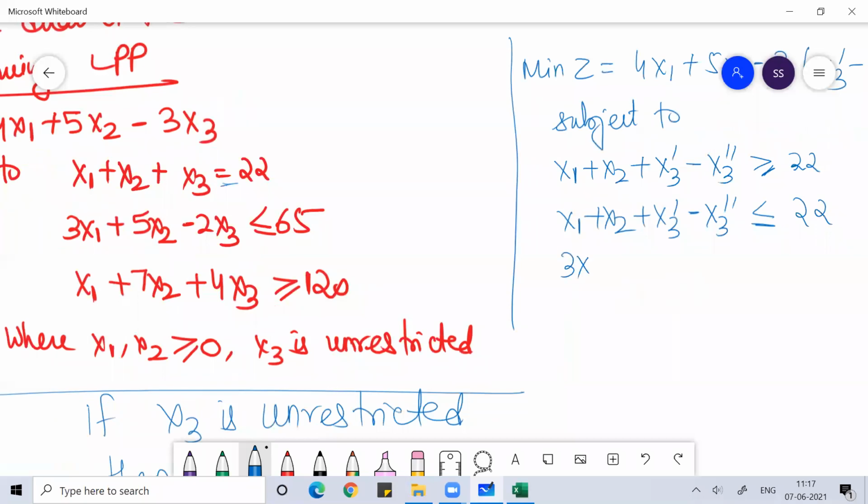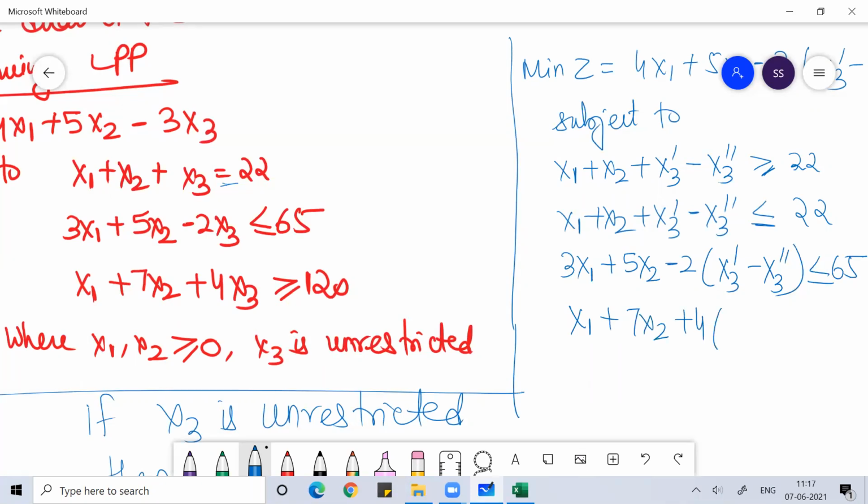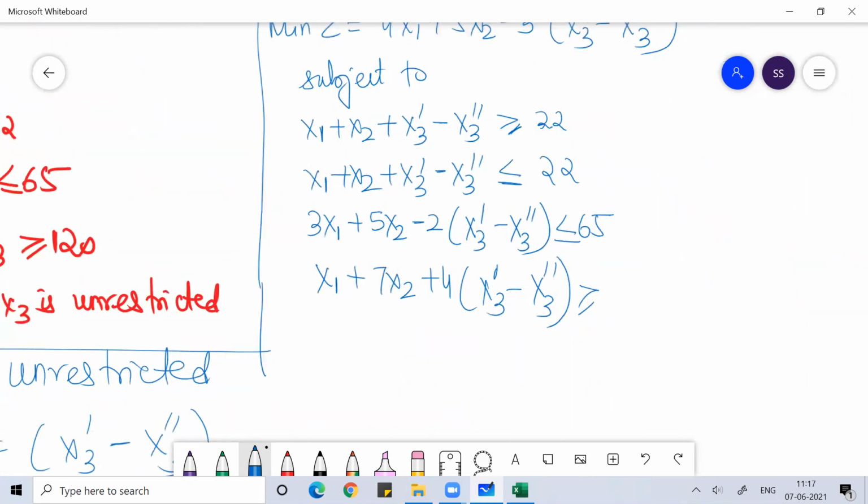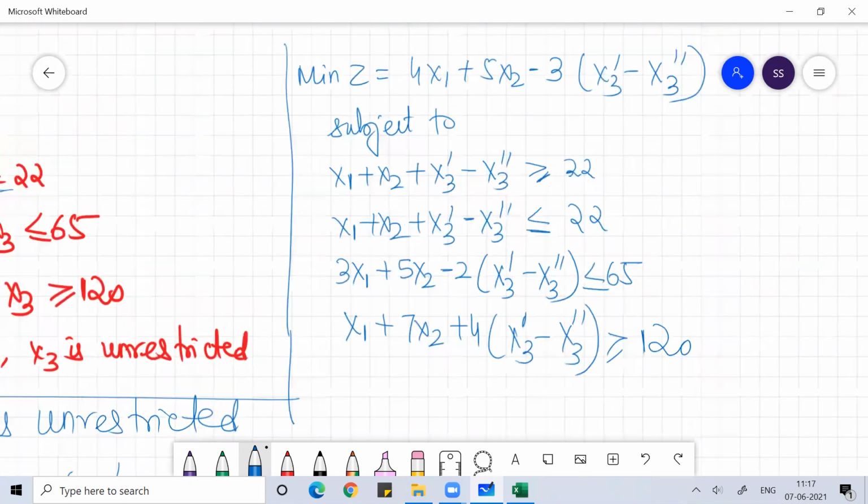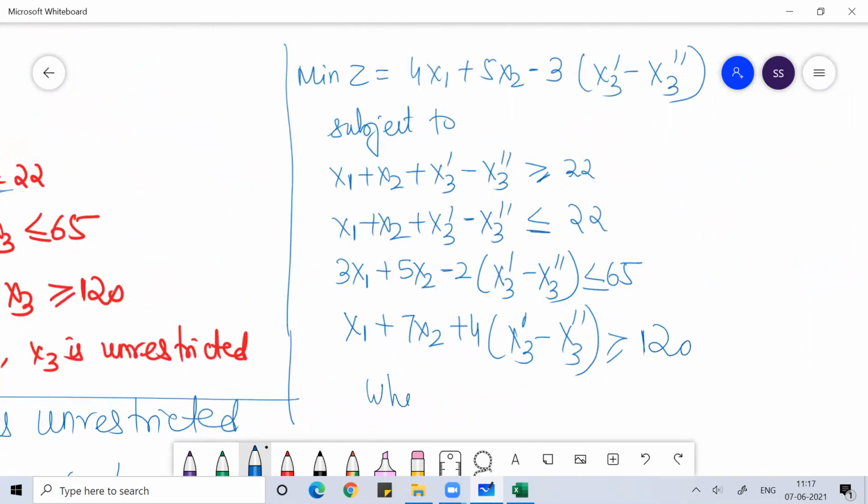Then next one is 3x1 plus 5x2 minus 2x3 dash minus x3 double dash is less than or equal to 65. Then x1 plus 7x2 plus 4x3 dash minus x3 double dash is greater than or equal to 120, where x1, x2, x3 dash, x3 double dash are greater than or equal to 0.